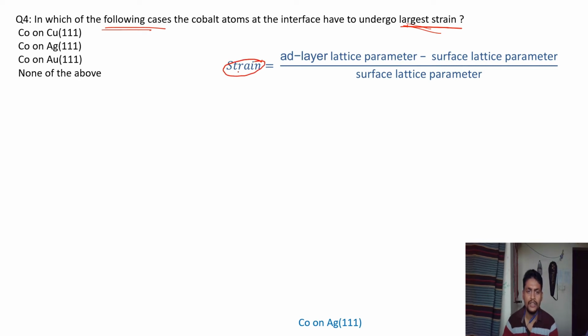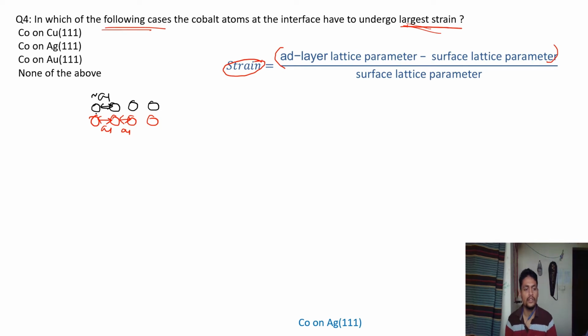The strain is practically the mismatch between the add layer lattice parameter and the surface lattice parameter divided by the surface lattice parameter. So practically the difference is causing the strain, because if, let's say, this is my surface atoms having a1 spacing, and let's say these are my add atoms, if they have the same or similar a1, that means there is no problem.